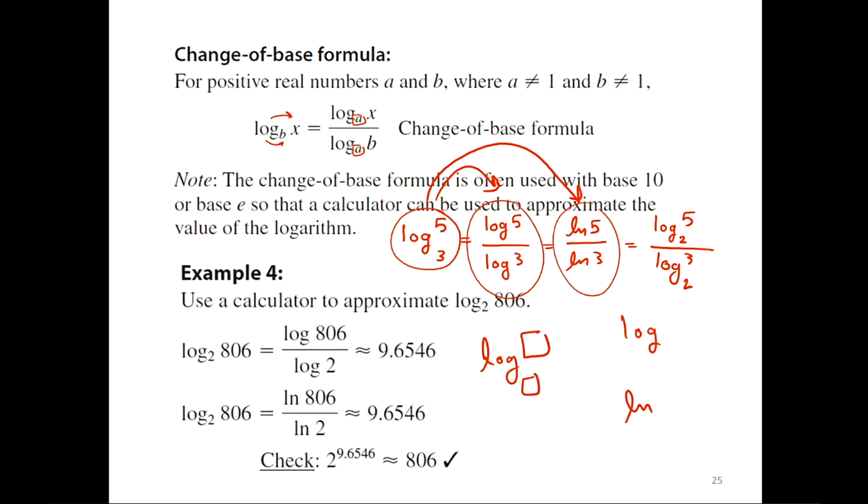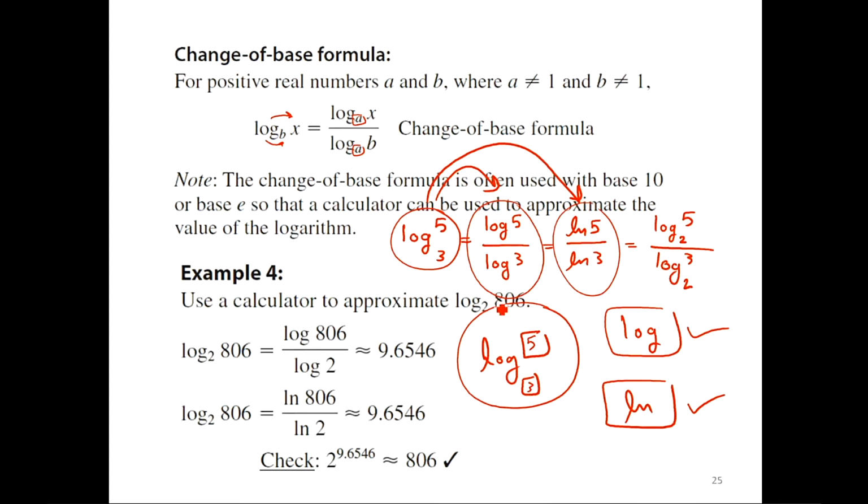This is a new calculator, but the old calculator uses log with base 10, this is common logarithm, or ln, this is logarithm with base e only. Also, some programming languages have this one and this one. Cannot calculate, for example, 5 to base 3. So we need to use this one or this one.